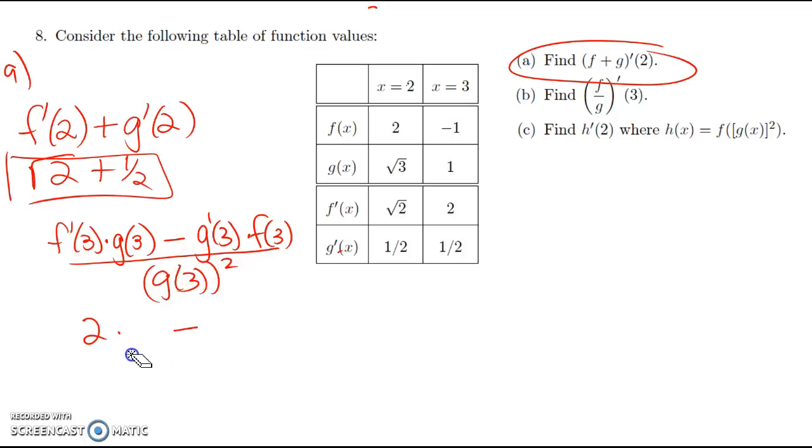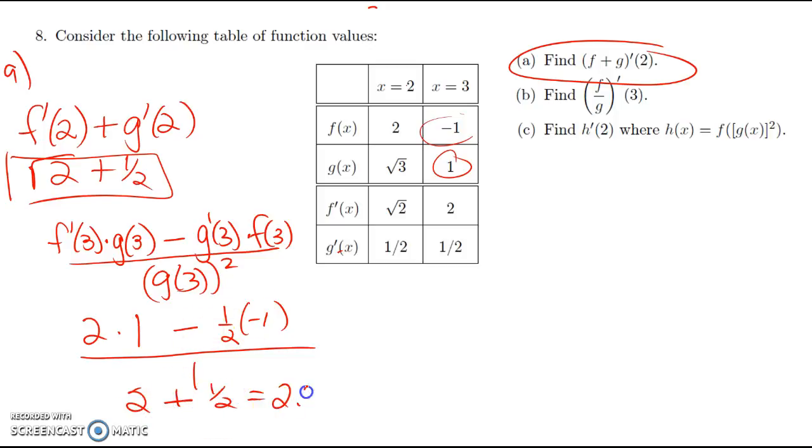Oops, I need g of 3, my bad. g of 3 is 1. g prime of 3 is 1/2. f of 3 is negative 1, all over g of 3 squared, which is 1. So this will be 2 times 1 minus negative 1/2, which equals 2.5.